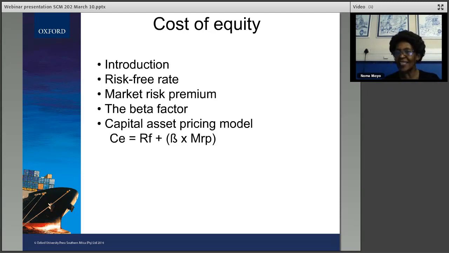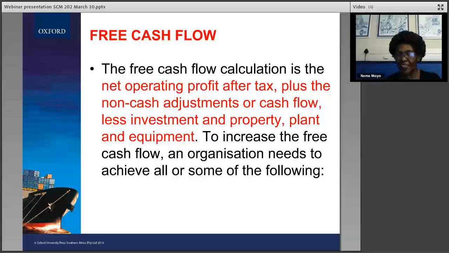Market risk premium is the difference between the return in the market and the risk-free rate. The beta factor measures the volatility. And then we can calculate our cost of equity by the capital asset pricing model: cost of equity is the risk-free rate plus beta times the market risk premium.